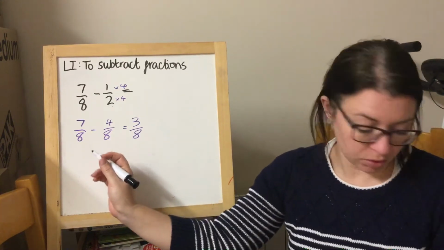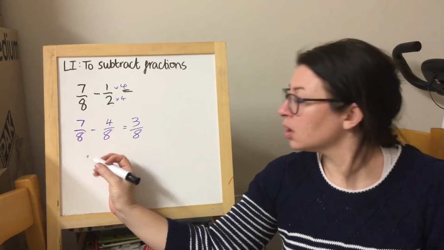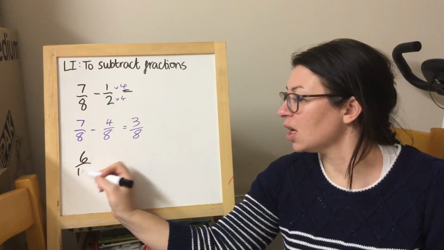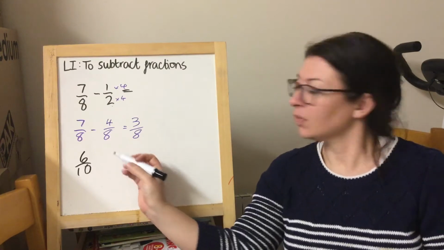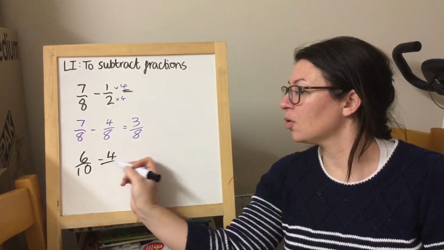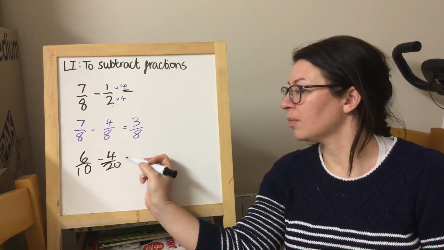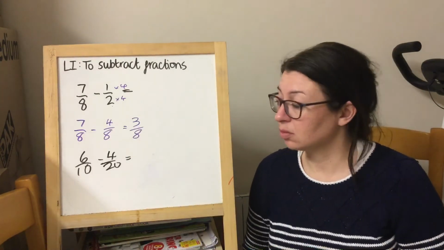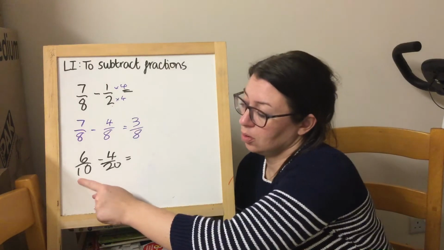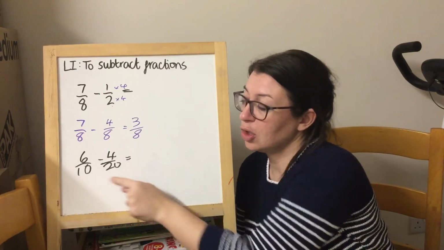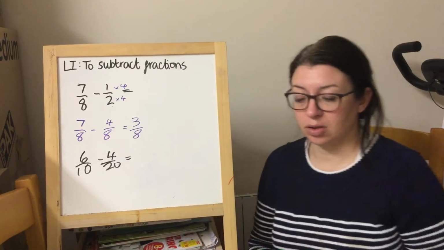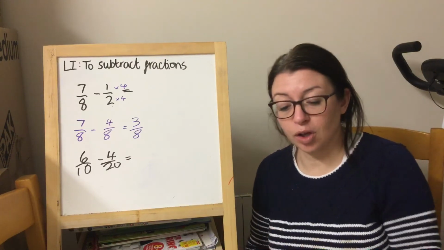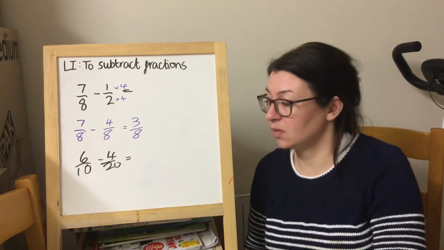So, I'm going to do another one. So we're going to do 6 over 10, take away 4 over 20. Now, it's up to you which denominator you use. But as we have done on other slides, we'll go through both ways and it is what works easiest for you.